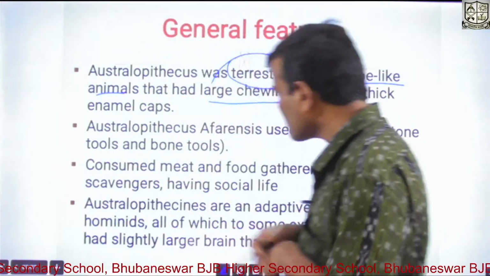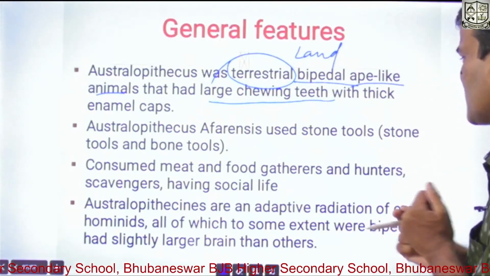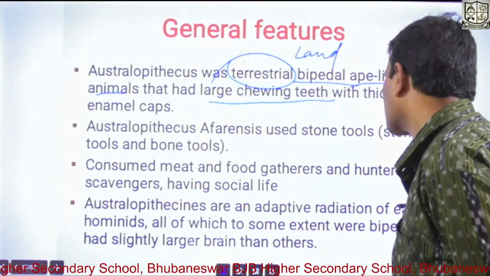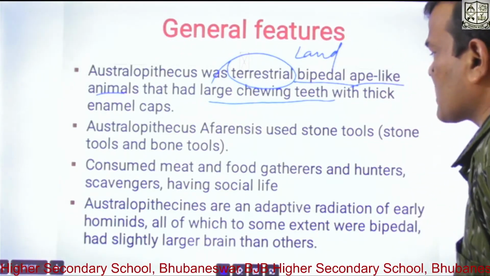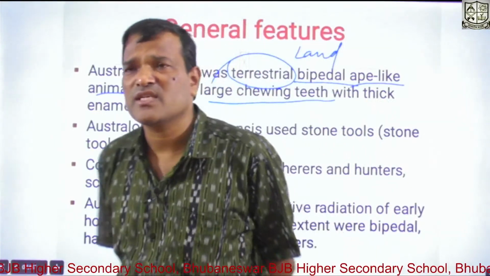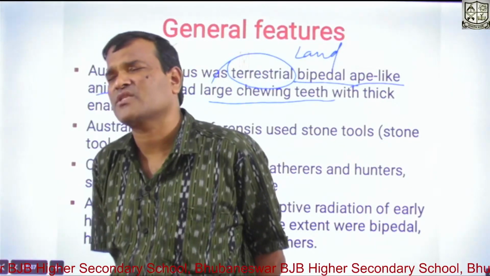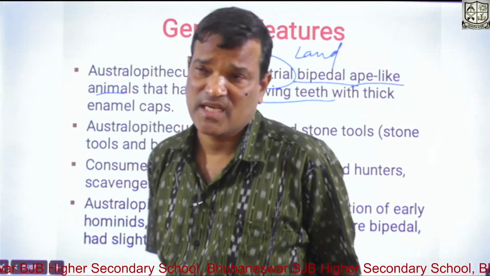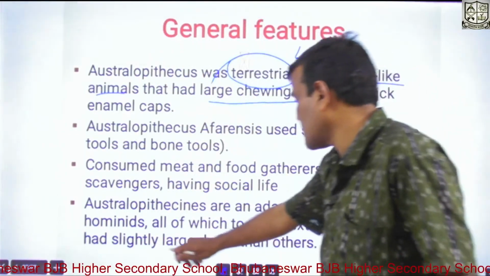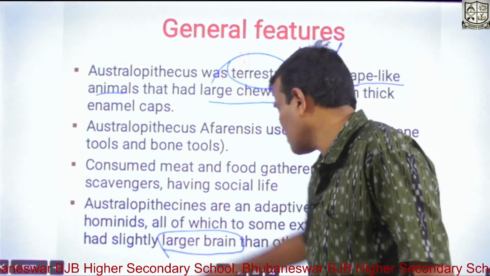Australopithecines are an adaptive radiation of early hominids, all of which were to some extent bipedal and had a slightly larger brain than others. They are not exactly bipedal, but they follow bipedal traits.